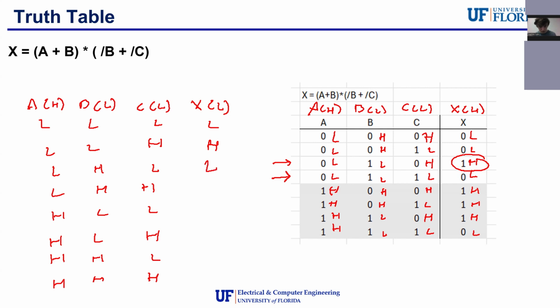Low, high, high is the first one, so it is low. High, low, low is the last one, so it gets a low. Then high, low, high gets a high. High, high, low gets a high. And high, high, high gets a high. I kind of messed up here. It goes like that.